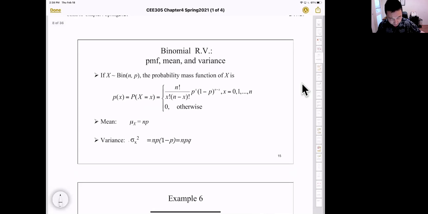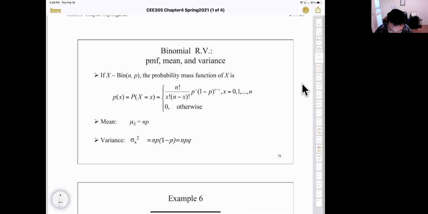So here is the probability mass function for the binomial distribution, and the mean value as well as the variance. If X follows binomial(n, p), the probability mass function will be this.